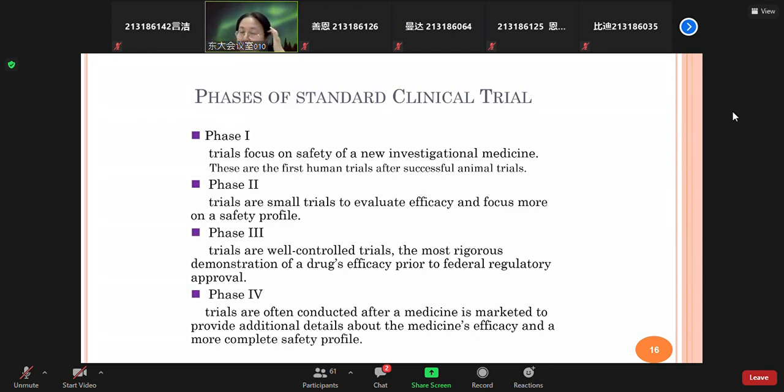Because for rare events, last class we talked about proportion rate for binary variables. And if the denominator, if the sample size is not large enough, it's impossible to find the rare event or the rare side effect outcome. Okay, so that's phase 4.